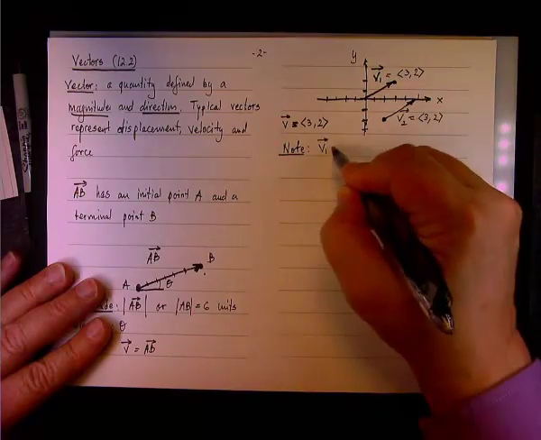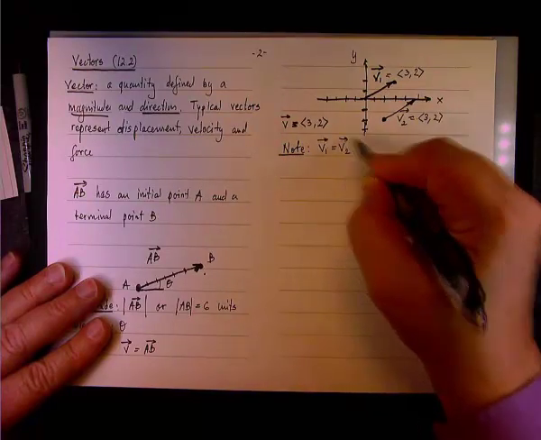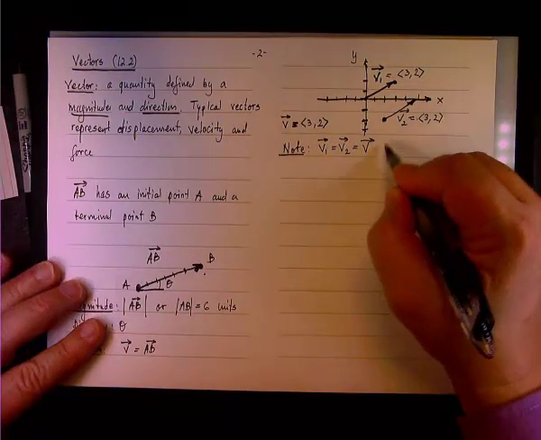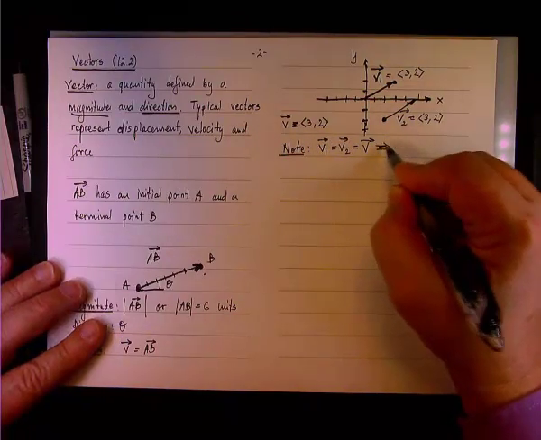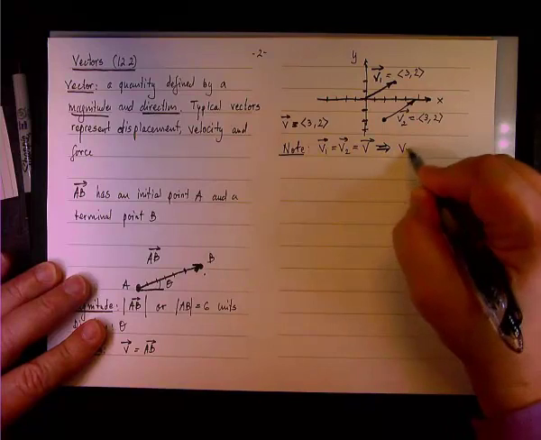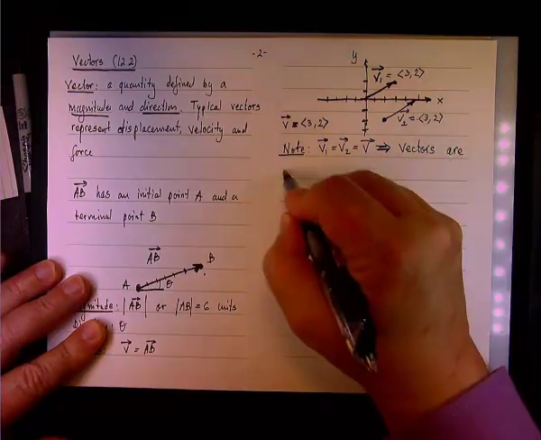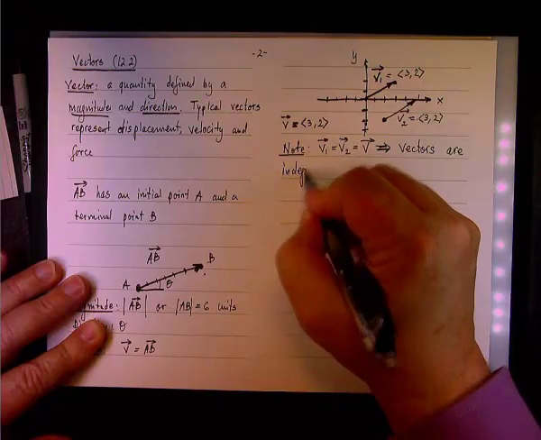Let's write. If I write v1 and v2, note v1 equals v2, and both of them equal v.